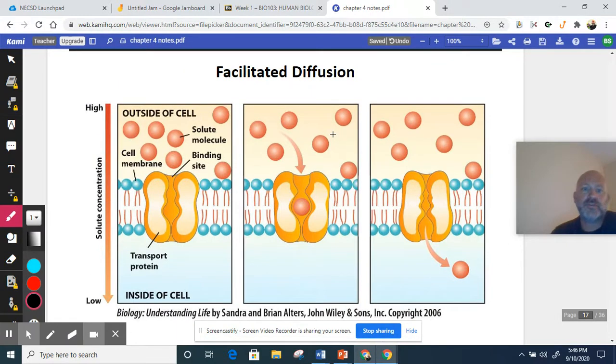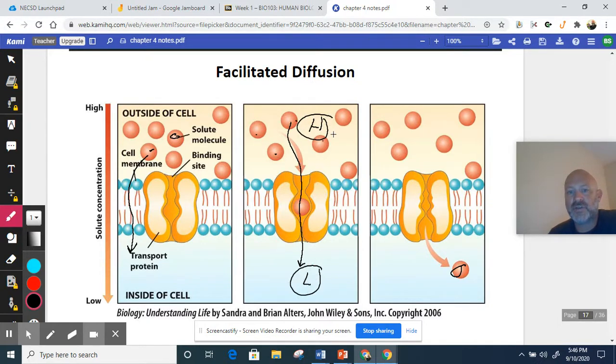Here we see a good picture of facilitated diffusion. These solutes out here, they're not going to be able to get through this way. So they have to go through the channel protein to get to the other side. It's still going from an area of high concentration, these solutes, to an area of low concentration. So it's still diffusion, but it's being facilitated by this protein right here.